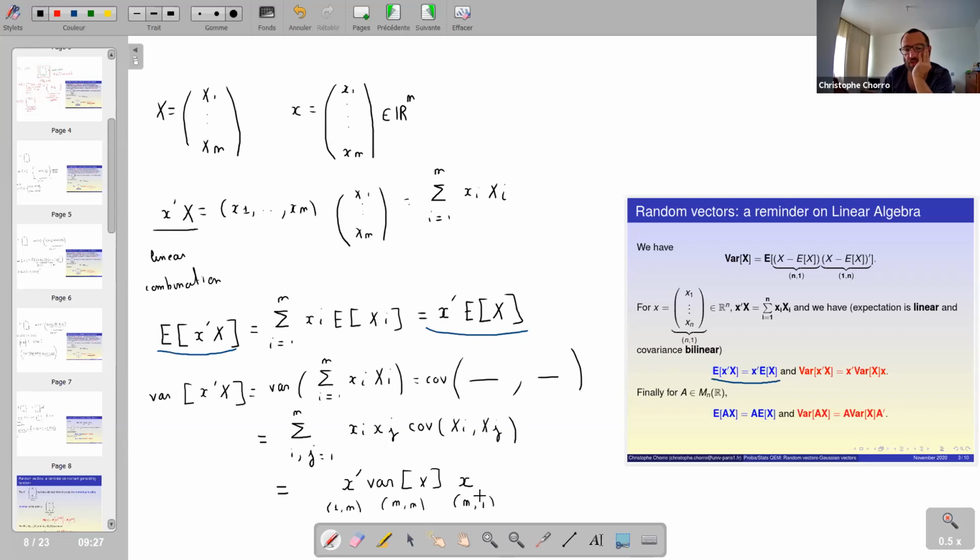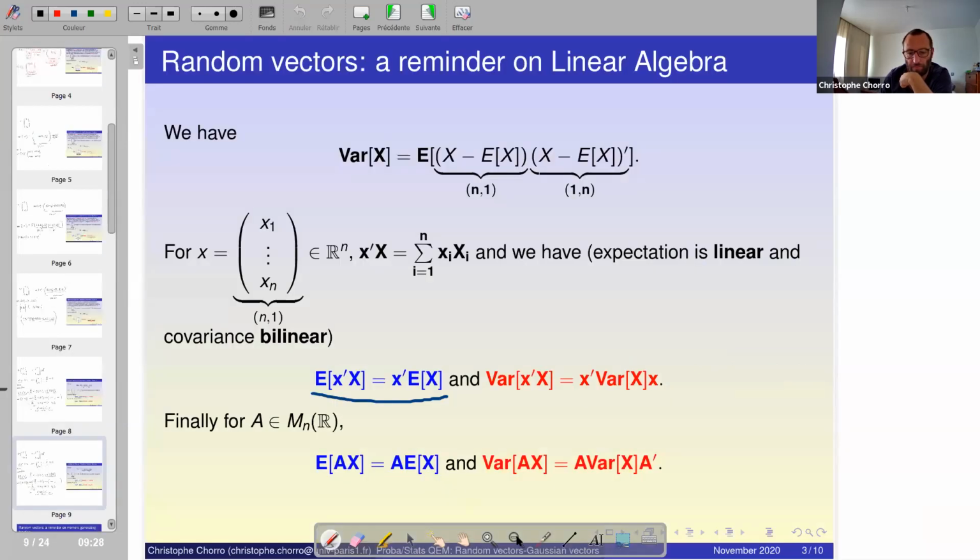That's why when I do the product of these three, I obtain simply a number, a matrix of size 1 by 1. So the fact that the covariance is bilinear allows me to obtain this relation for the computation of the variance of a linear combination.